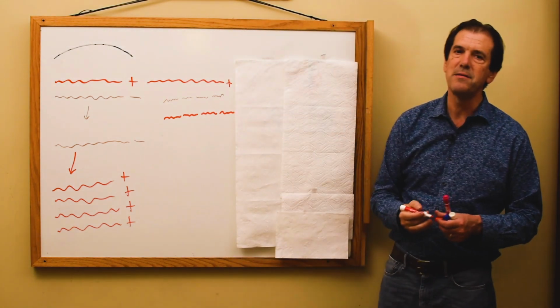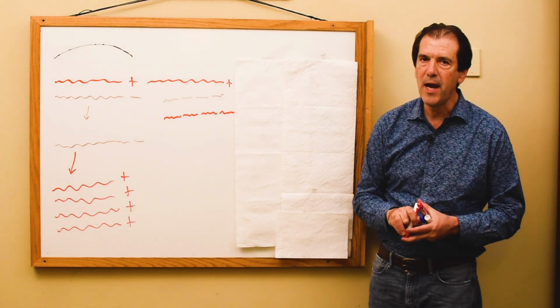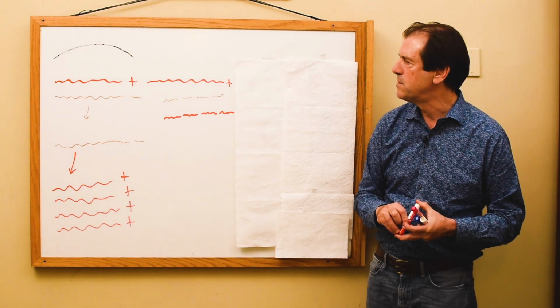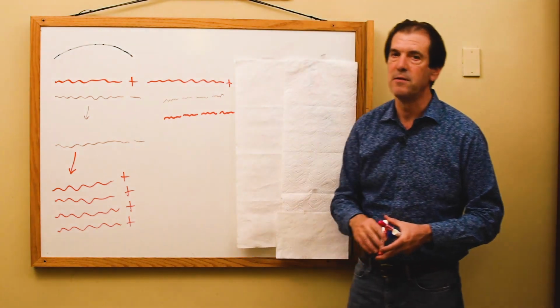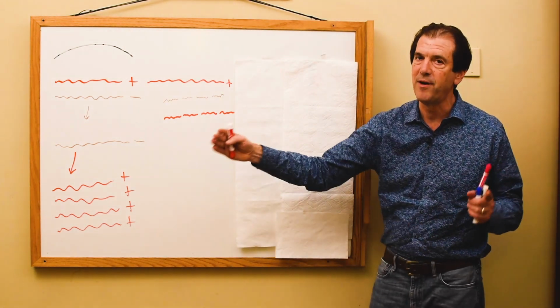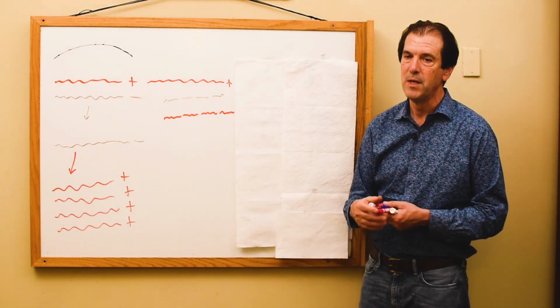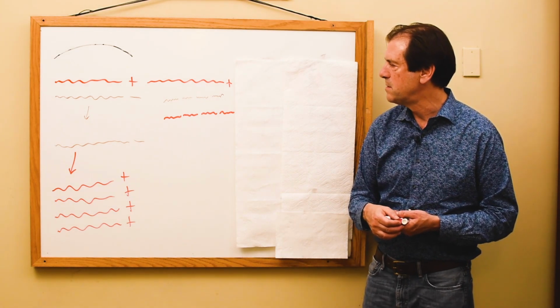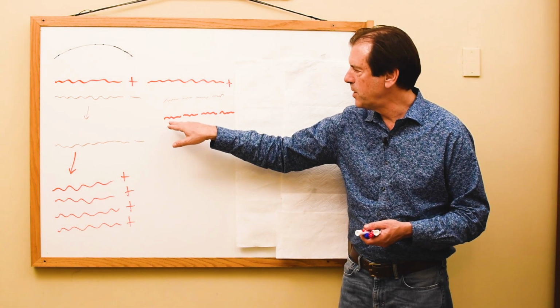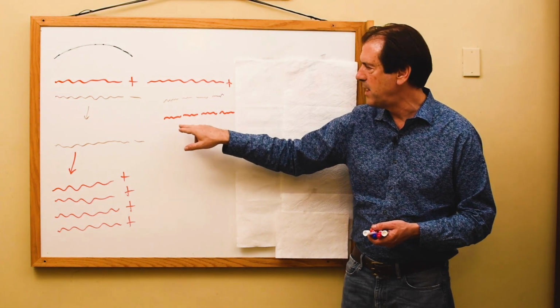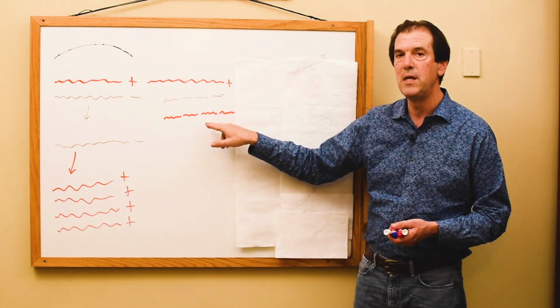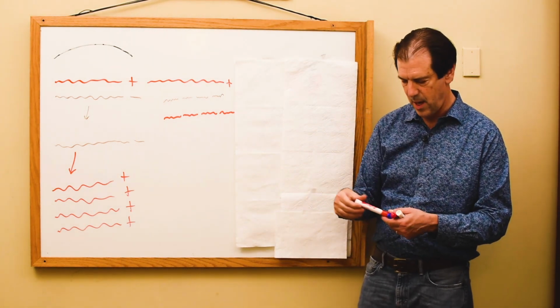Now these positive strands can be translated to make proteins, just like the original positive strand was translated to make that very long protein that got chopped up into 16 other proteins. Now this one would code for the S protein, the E protein, the M protein, and the N protein, okay?